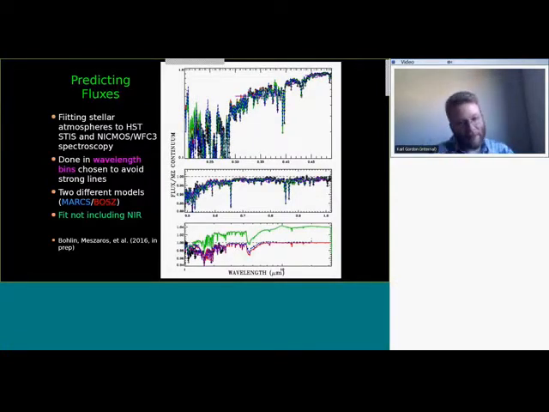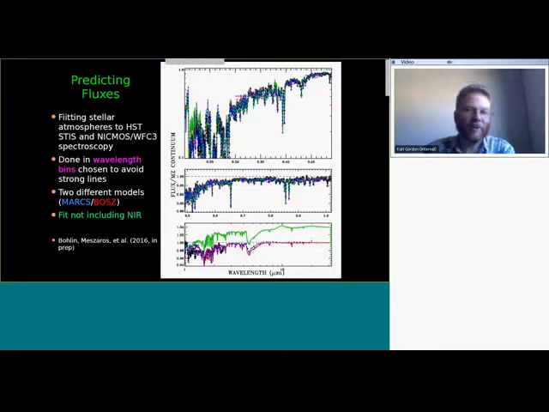And finally, now that we picked our sample, how are we going to predict the fluxes? Well, we're fitting stellar atmospheres to the HST STIS and NICMOS WFC3 spectroscopy. This is really a nice synergy that the Hubble director has made available: saying JWST is important, let's make sure we get Hubble observations of all of the stars in the JWST calibration sample.